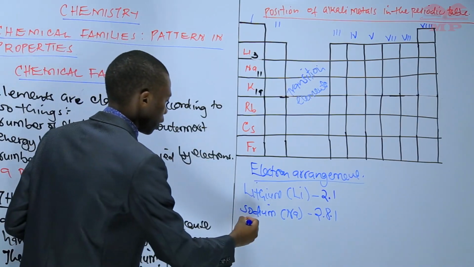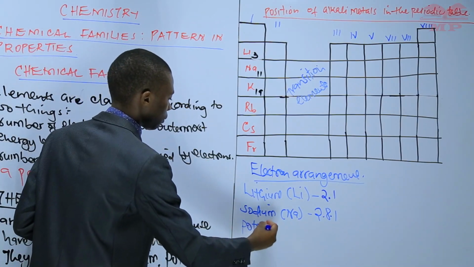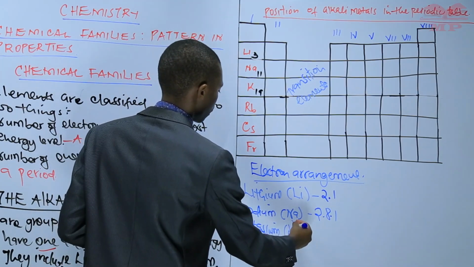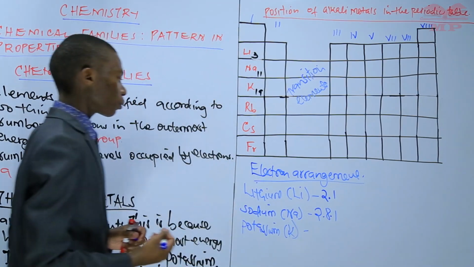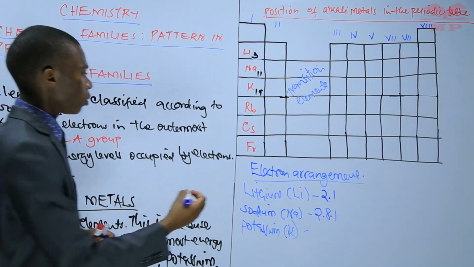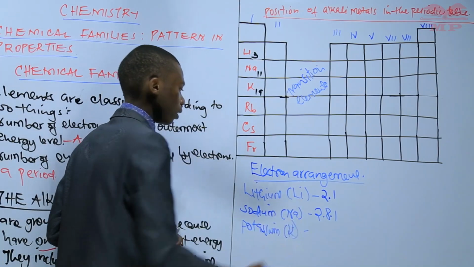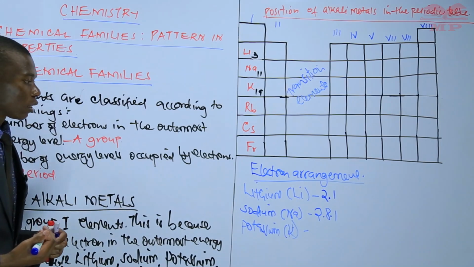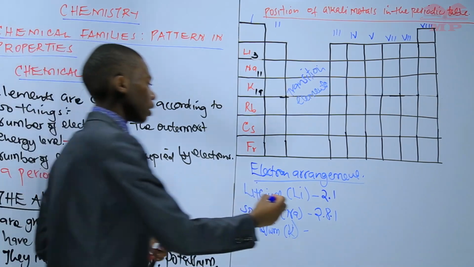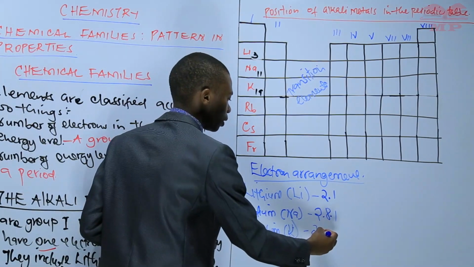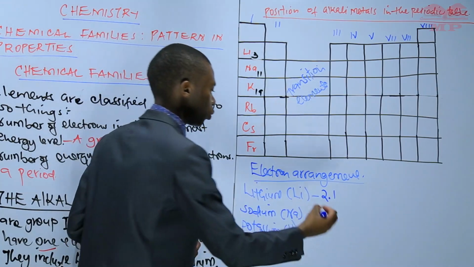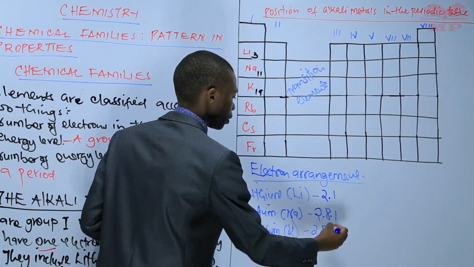The next, we have potassium. Again, the chemical symbols, you need to write them very well. Potassium has 19 electrons. Therefore, you fill the first energy level first with 2 electrons. 19 minus 2 is 17. Then you fill the second with 8 electrons.